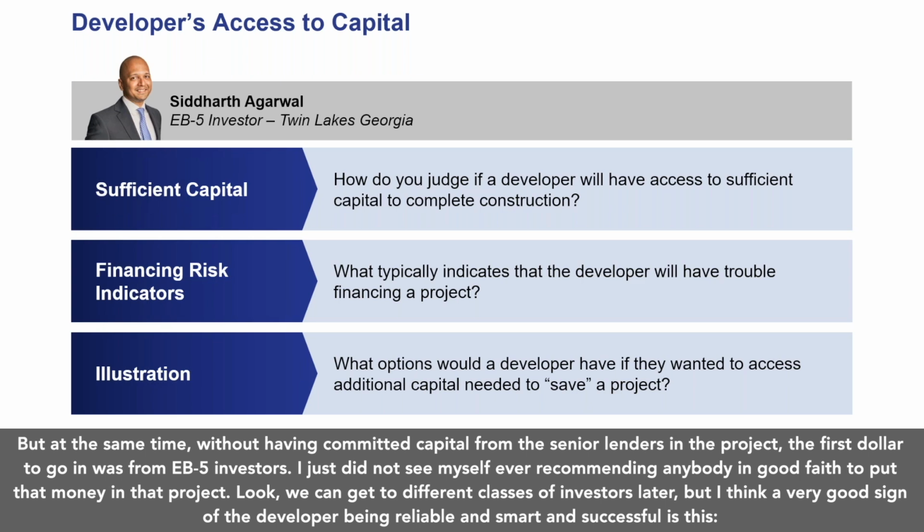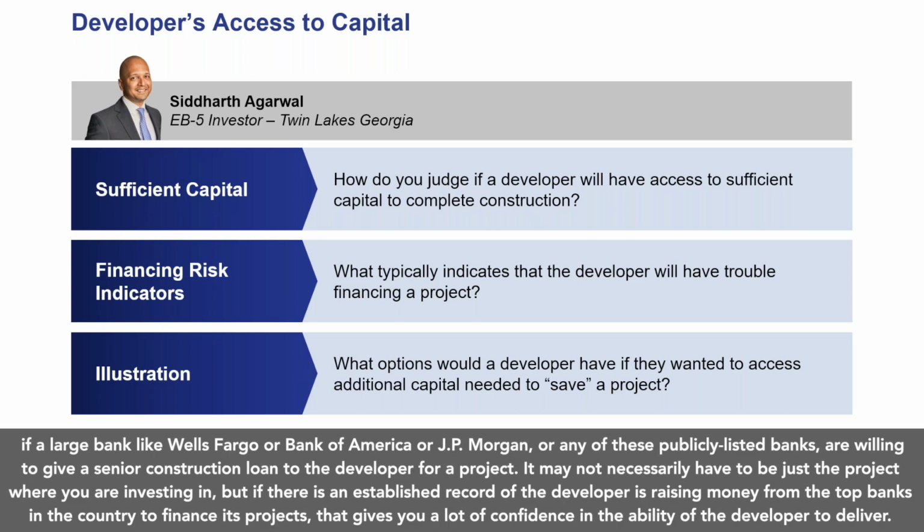And we can get to different classes of investors later, but I think a very good sign of the developer being reliable and smart and successful is if a large bank like Wells Fargo, Bank of America, JP Morgan, or any of these publicly listed banks are willing to give a senior construction loan to the developer for a project.